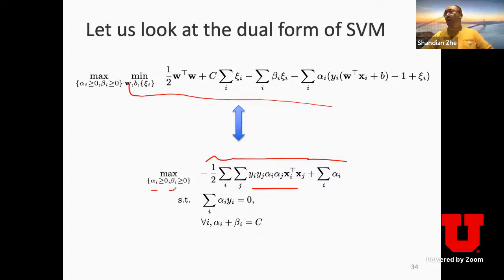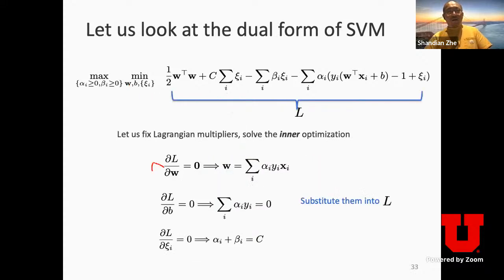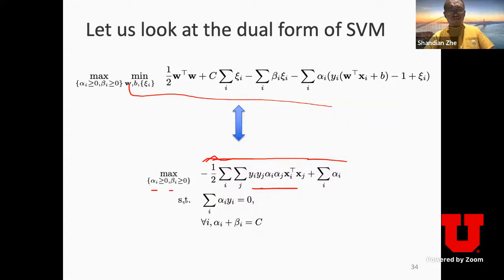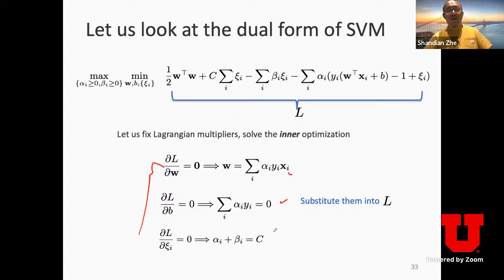Meanwhile, we should be aware that this optimal inner minimization result is obtained if and only if these three gradients are zero. That means if you want to use the result here as your new objective, you must make sure all of these three are satisfied.